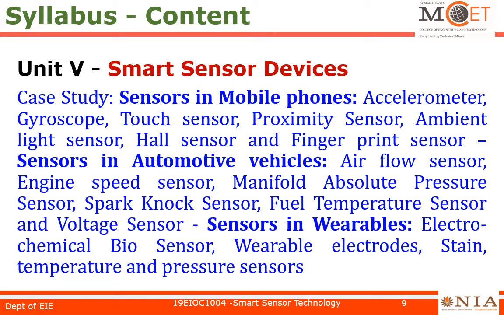The automotive vehicle has a lot of sensors. Without sensors, even today we cannot run the car or vehicles. And the last one is wearable devices. You can see the Mi Band and other different devices. Wearable devices have different types of sensors that tell about the status of our body condition, particularly temperature, BMI and so on. So these are the three different smart devices that we are going to learn in this unit 5.